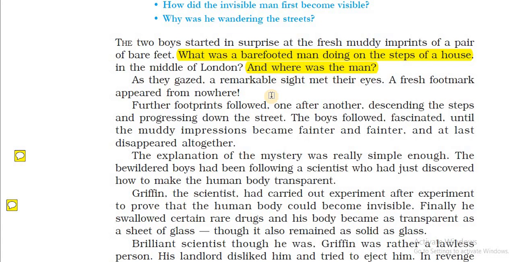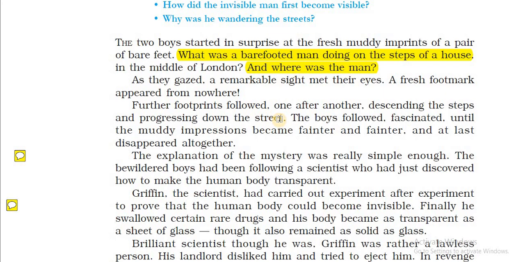They saw that from nowhere a new, fresh footprint came there at the doorstep of the house. They were shocked to see where the footprint came from.